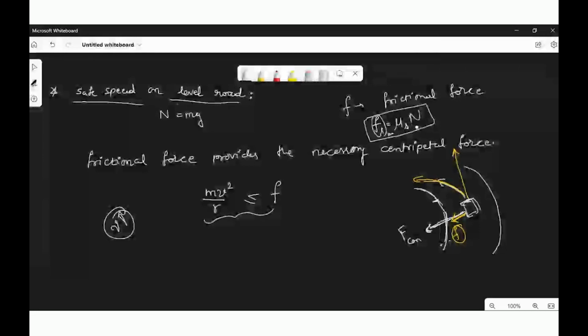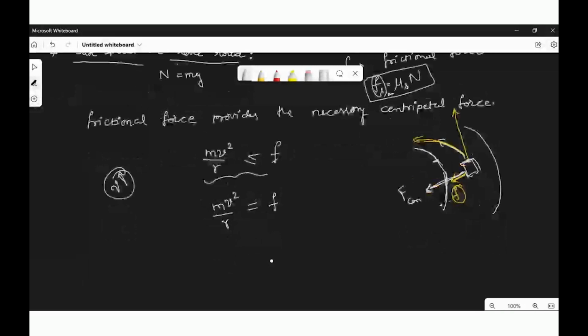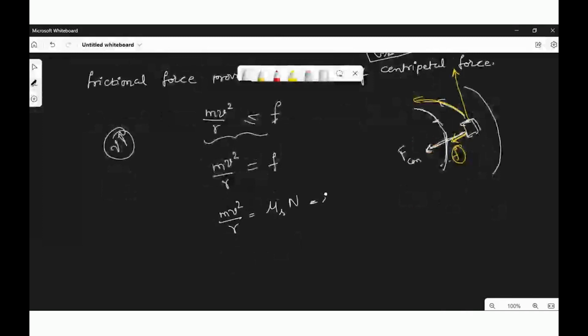So now, under the limiting case, I can write the expression: the maximum value of mv square by r should be equal to the maximum static friction, which is mu s into N. But what can be written for N?